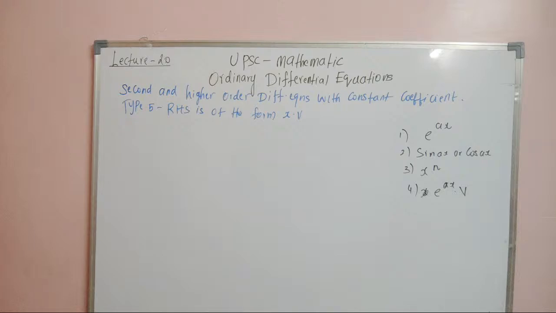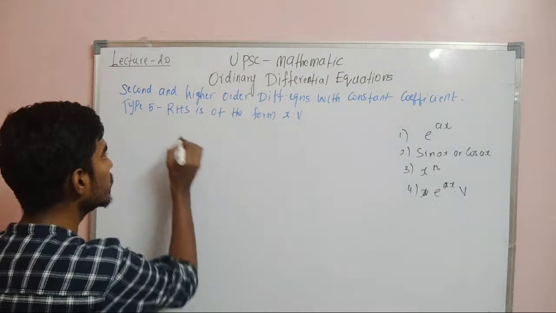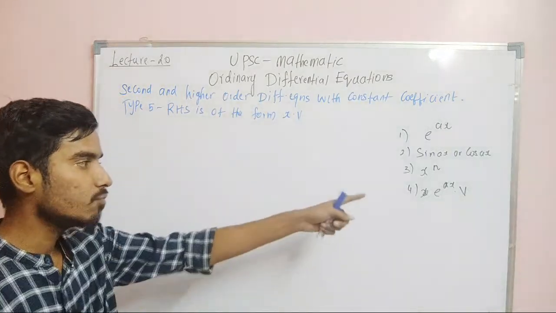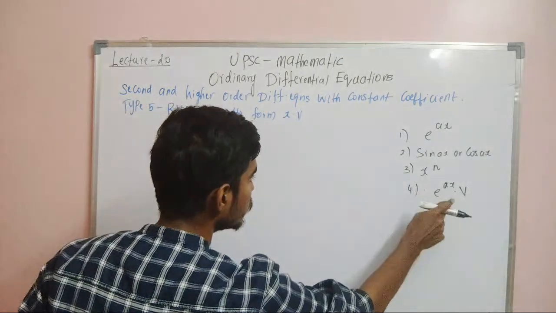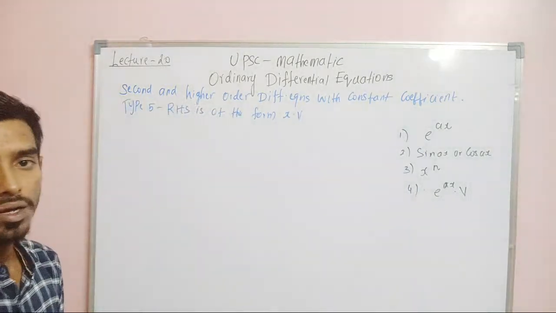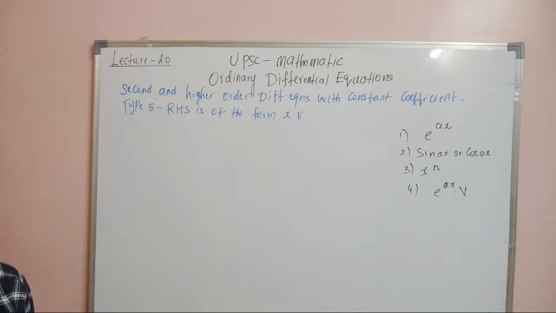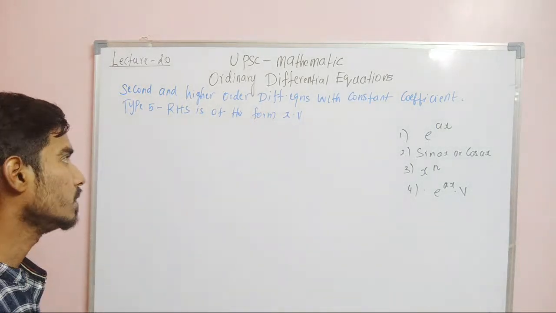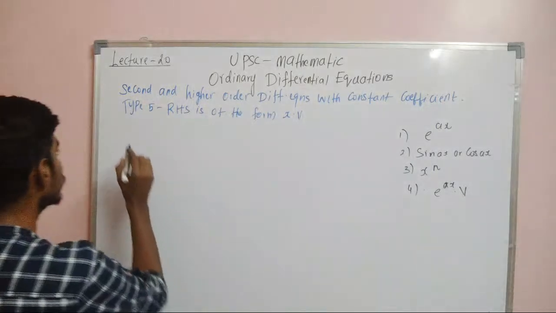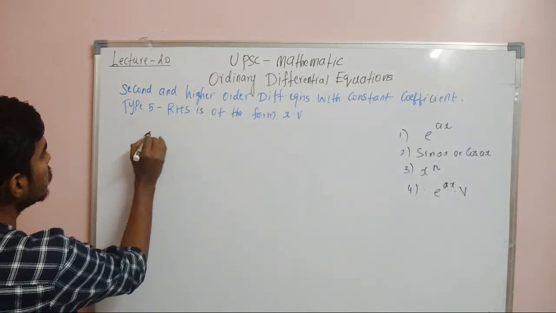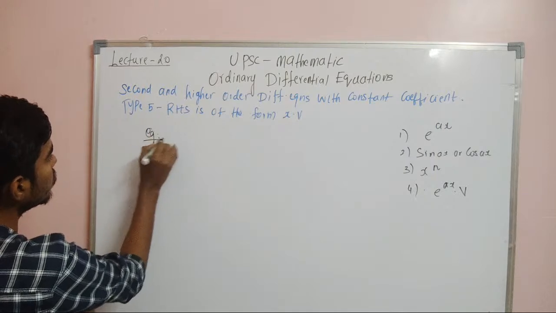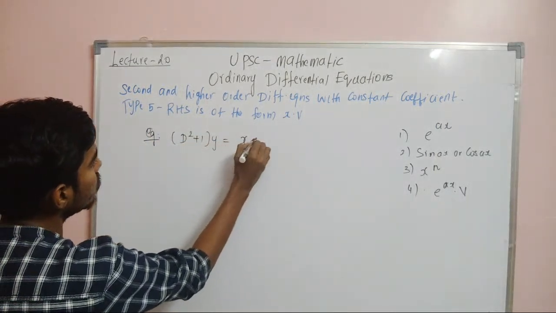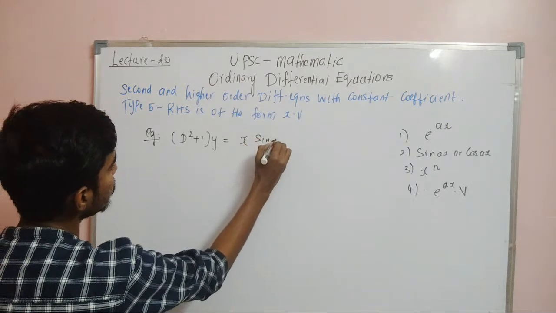Now we will move on to type 5, that is, RHS is of the form x into b. You can see type 4 is e power ax into b. Now we are going to solve when RHS is of the form x into b. For example, the problem will be like (D square plus 1) of y is equal to x into sin x.